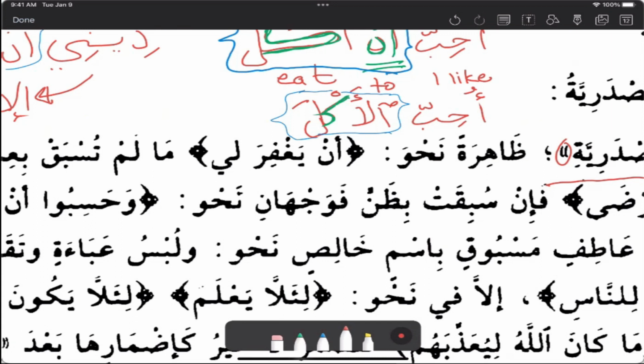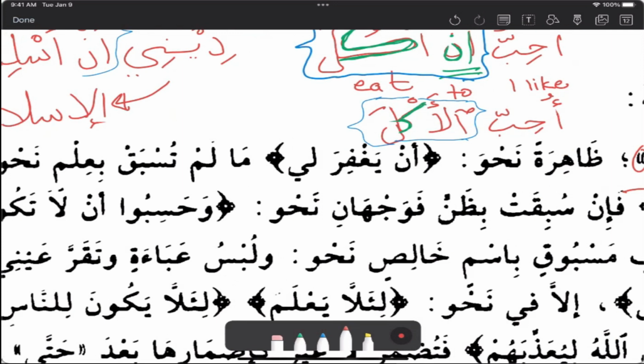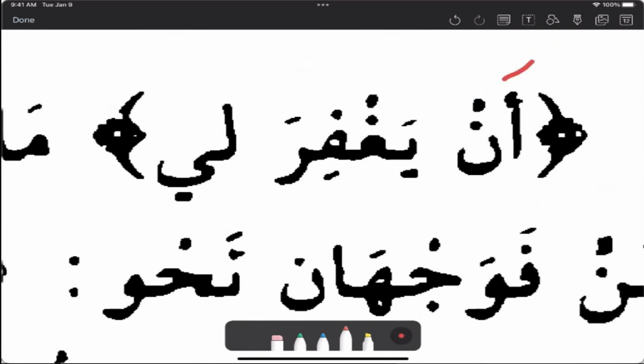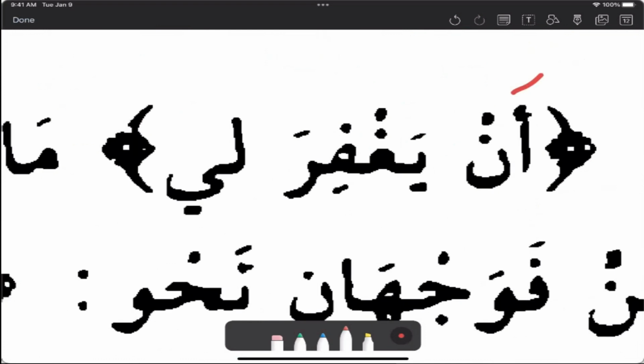Such as naHw an yaghfira li, such as this ayah, or piece of an ayah: an yaghfira li, that he forgives me. That's what Prophet Ibrahim said.